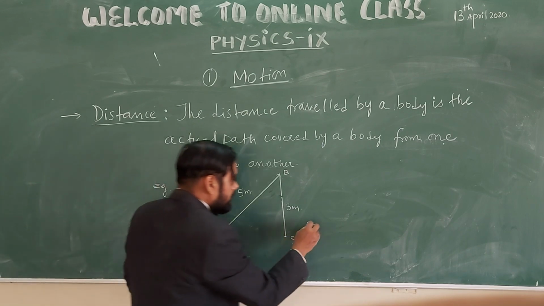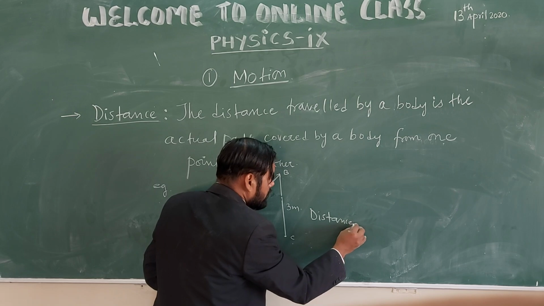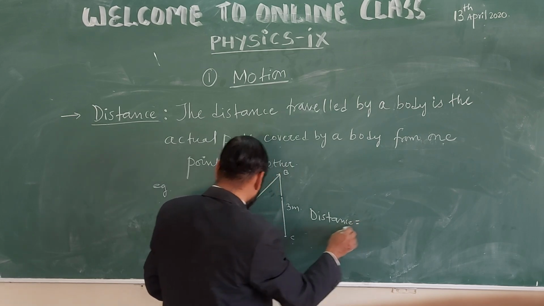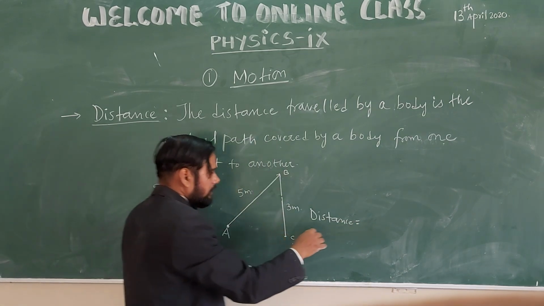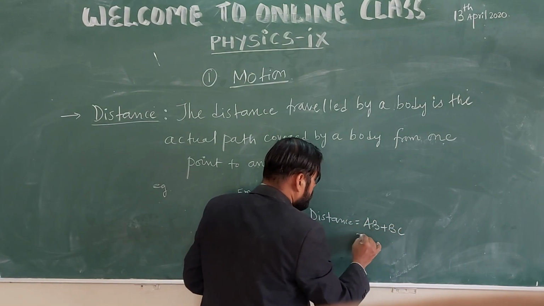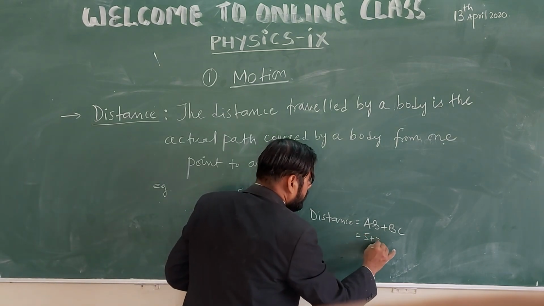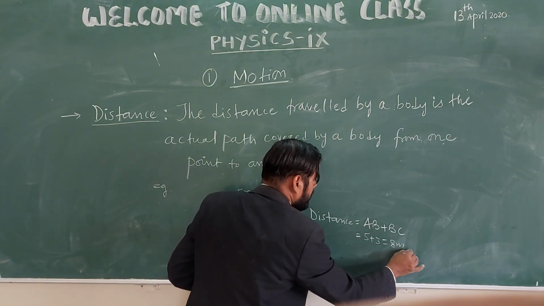So we will write distance equals how much? AB plus BC. AB plus BC equals how much? 5 plus 3 equals 8 meters.